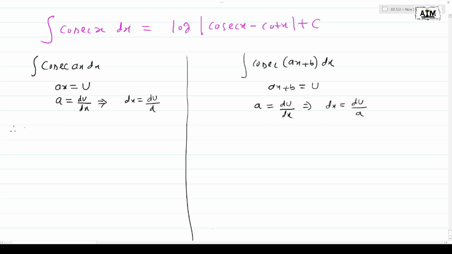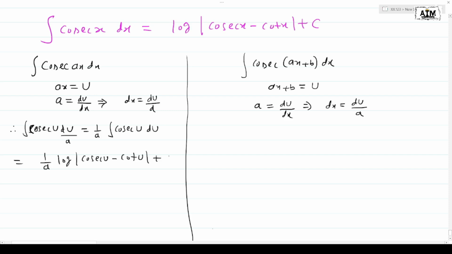Therefore, on the left side, the integration of cosec u with respect to u, du by a, equals 1 upon a times the integration of cosec u with respect to u, that is 1 upon a log modulus of cosec u minus cot u plus c.